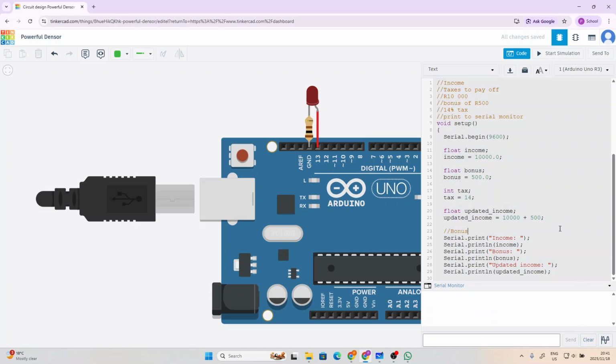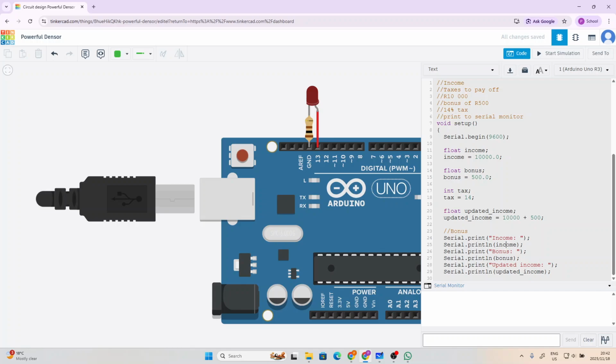And then for serial print and serial dot println, what we put in there is what's being printed, right? So then we would do the variables and then do it. No, no, no. Let me explain. When I put quotation marks here, whatever I write here gets printed exactly how it is.